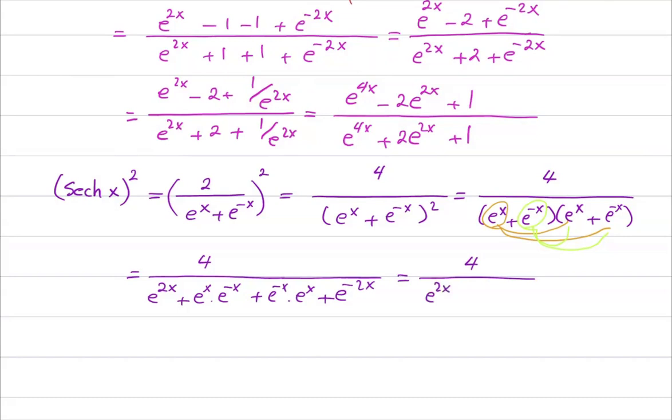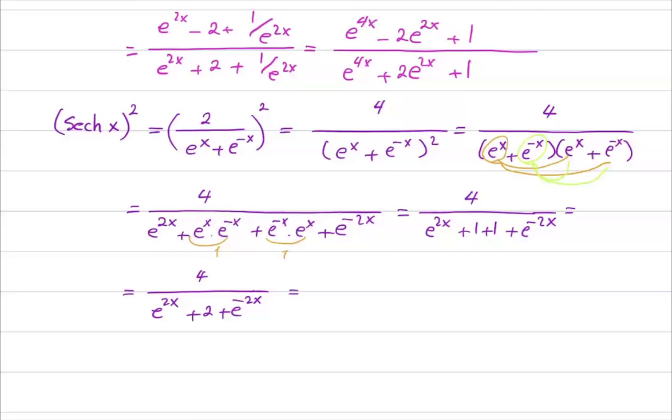And remember that all of these numbers are equal to 1. So you get plus 1 plus 1 plus e to the power minus 2x. In turn, it can be written as 4 divided by e to 2x plus 2 plus e to the power negative 2x. Again, you can simplify this further, everybody.